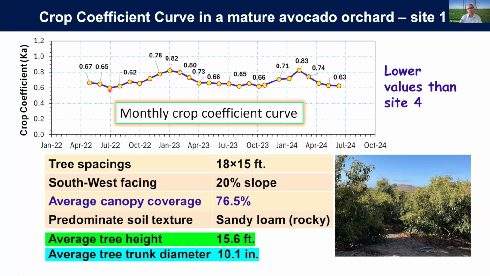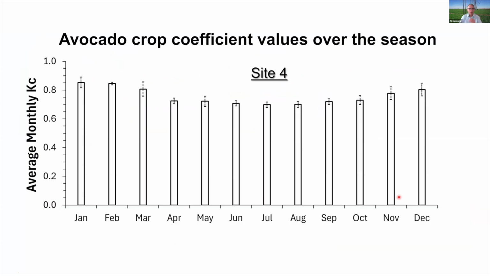In June 22, we had about 0.62, 0.63 as crop coefficient, and it went up during winter to 0.82. So this is the average crop coefficient over the season. We have the average of 3 years in this site, for different months.